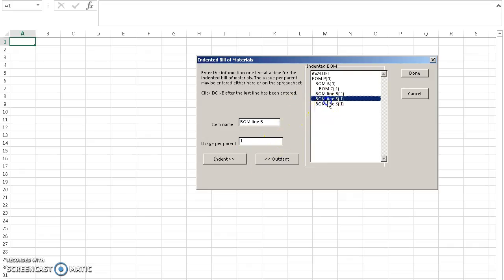And then we've got item C again, and that needs to be indented. And then the last one is item D, and there are actually 2 parents usage on this.